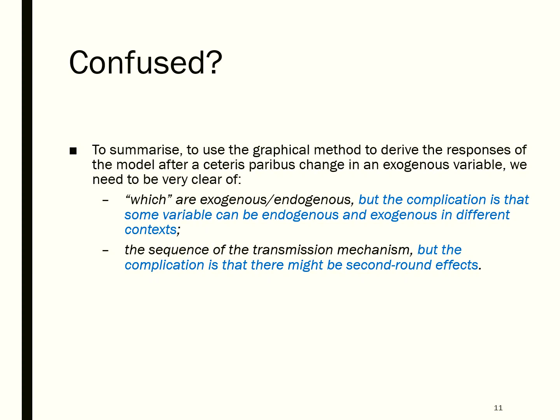But the complication here is that some variables like wage can be endogenous to the market but exogenous to the individual in different contexts. While in the third step, when you actually do the analysis, you should know where to start the analysis.